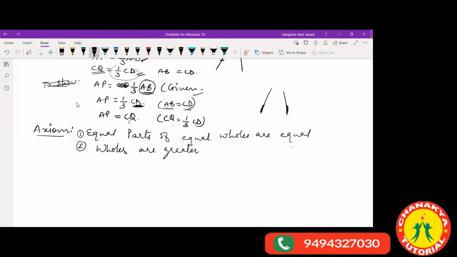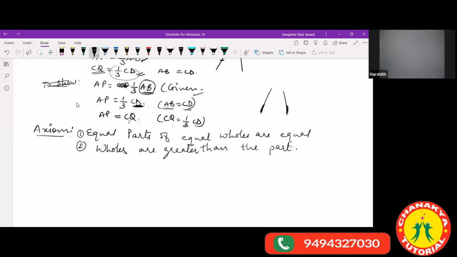Are you understanding, children? We just have to find some similarities between these axioms. Even though they are not exactly the same, we have to closely relate which axiom relates with this situation. Are you getting it?